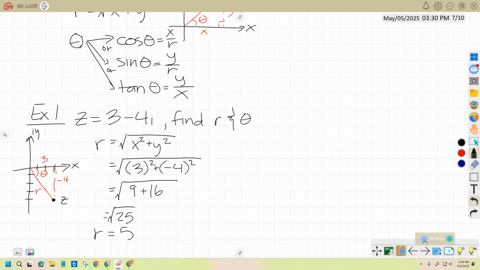Now I want my argument. I need to pick a trig function. Alexis, which one do you want to use? Cosine? Okay, so cosine theta. If here's my angle, it's adjacent over hypotenuse. So 3 over 5, positive 3 over positive 5.